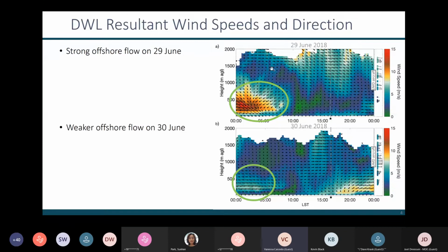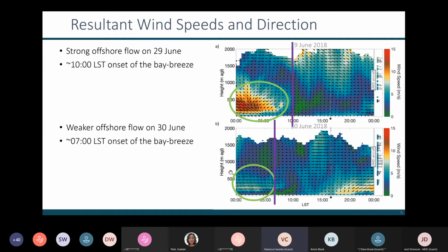But we do see that June 29th had a stronger offshore flow than June 30th. We also see that the onset of the Bay Breeze, that shift towards onshore flow, happened about 10 local time on June 29th, and much earlier, around 7, on June 30th.